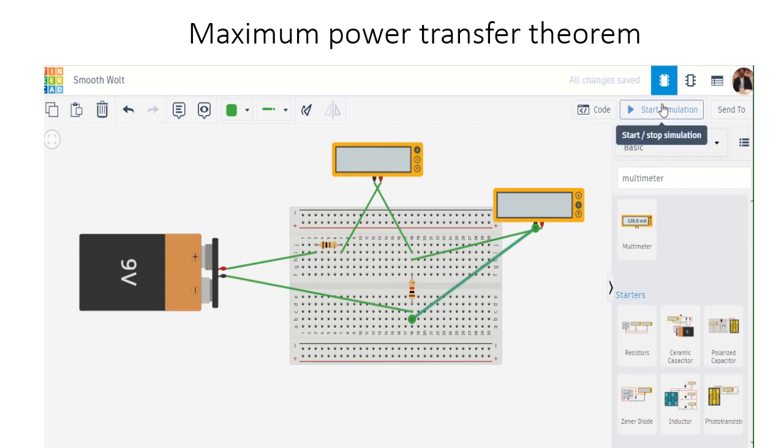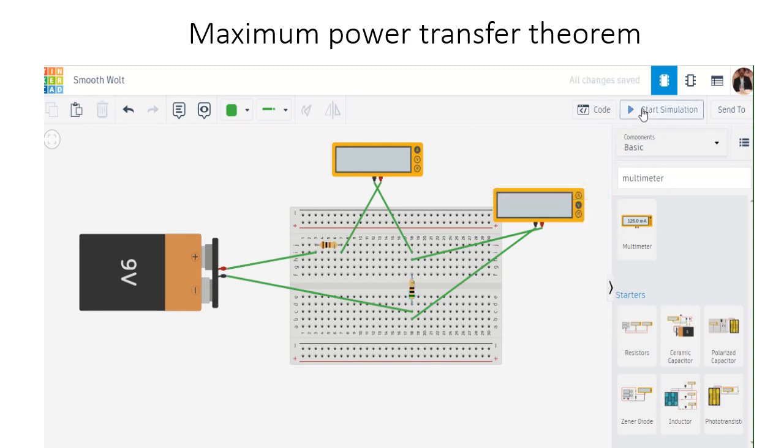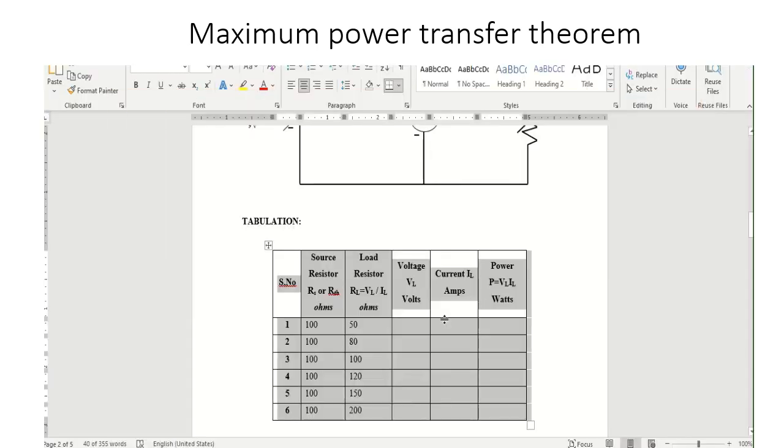So start simulation. This one should be 50 ohm. Start simulation. So I get current as 59.4 milliamps, voltage is 2.97. This we have to record in the table.